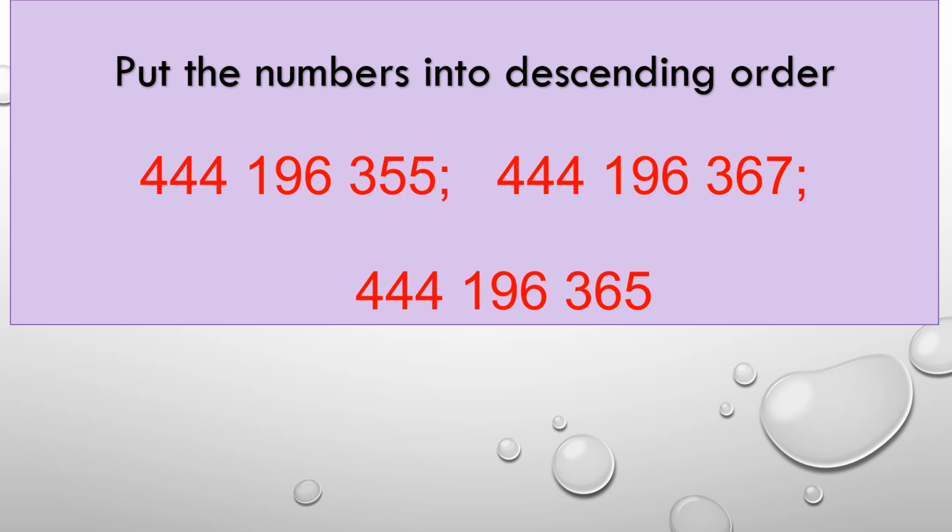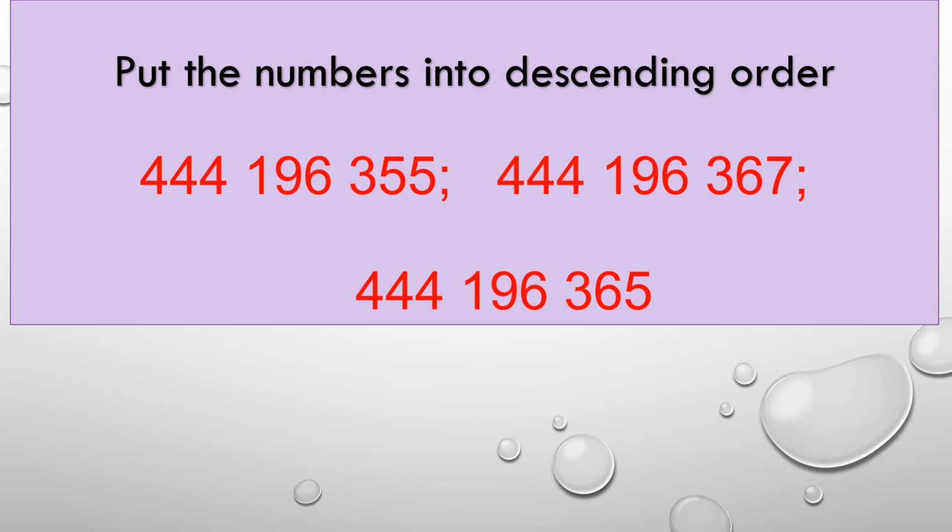We can see that 1, 2, 3, 4, 5, 6, all the first 7 digits are the same in all the three numbers, like 444,196,300.